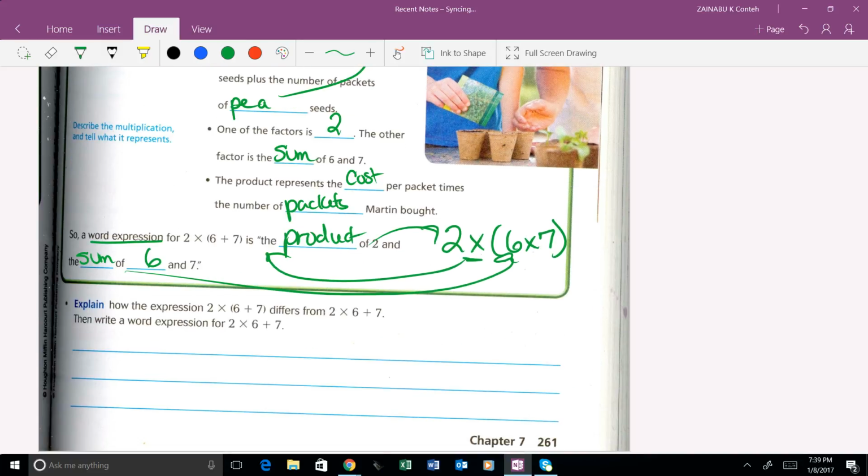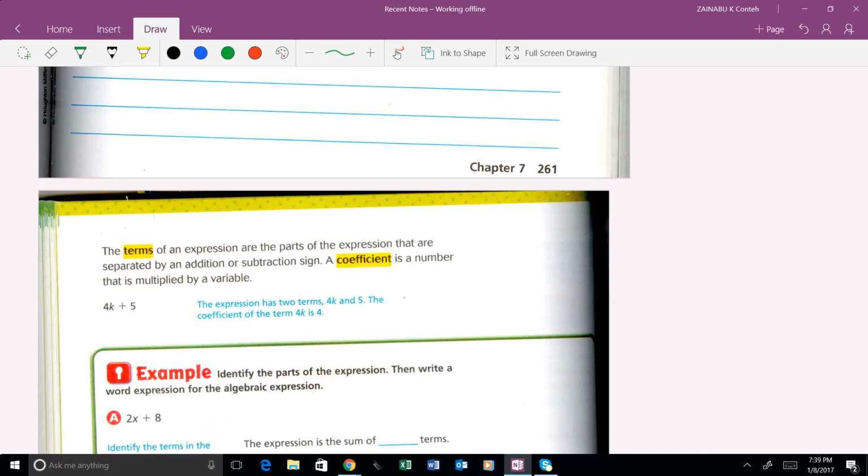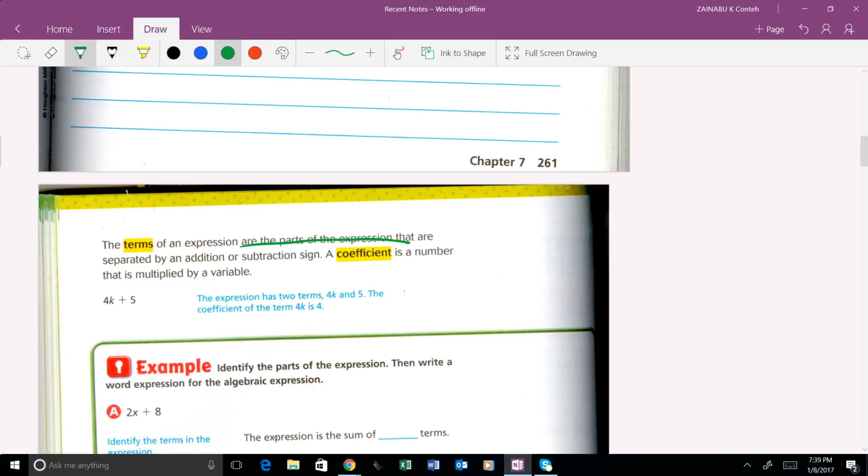Let's go ahead and take a look at the next example, and that next example comes on the next page. We've got some vocabulary terms that we've already front-loaded, so we know that when we look at terms, we're really looking at the parts of the expression that are separated by addition or subtraction.